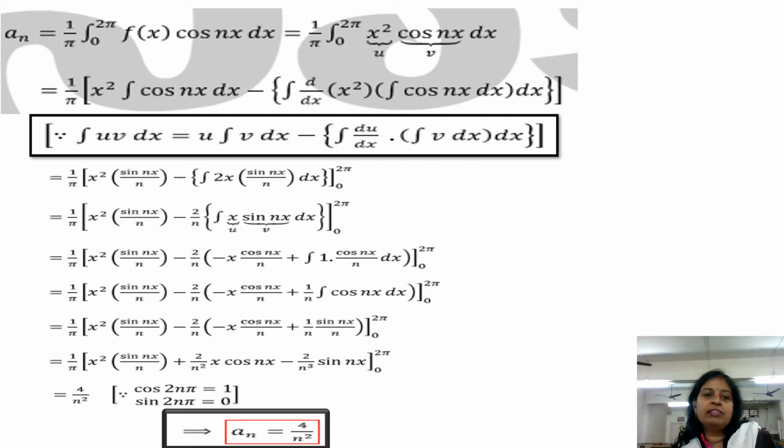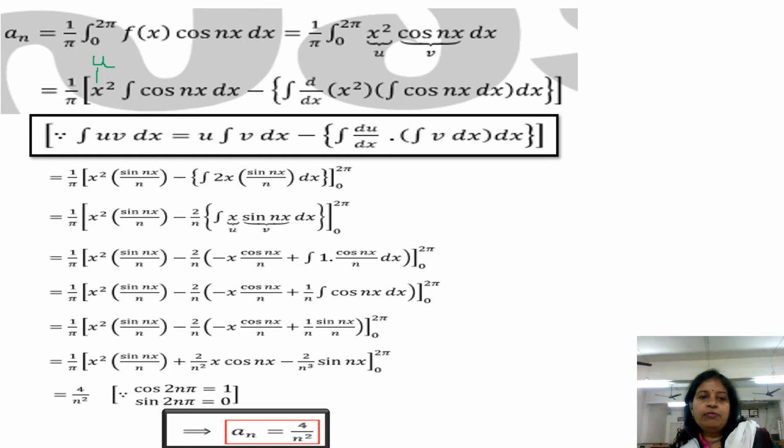Here x² is taken as u because after a few differentiations it will vanish; you can differentiate x² two times, and the third differentiation will be 0.